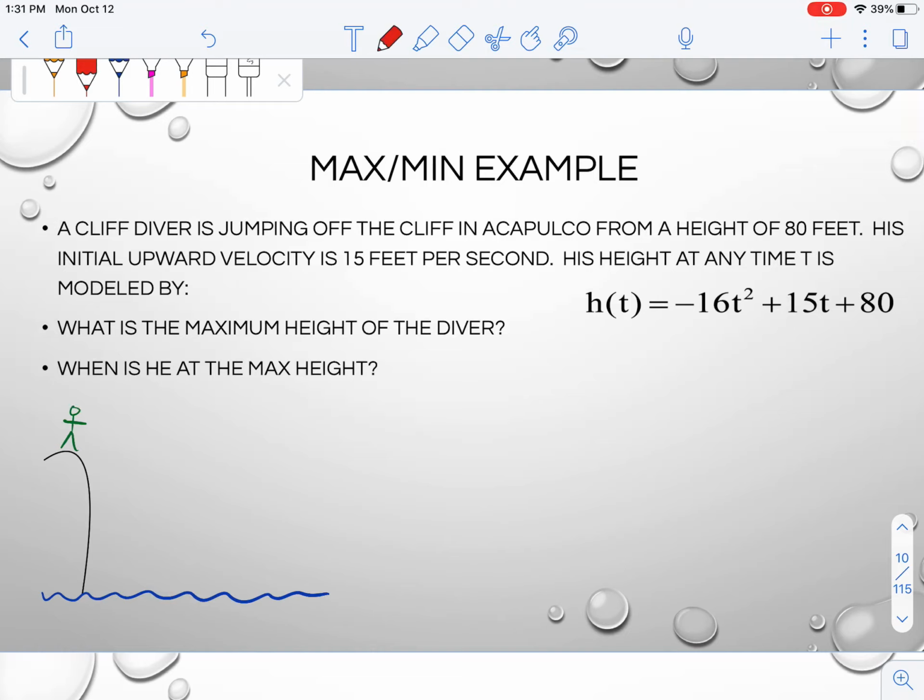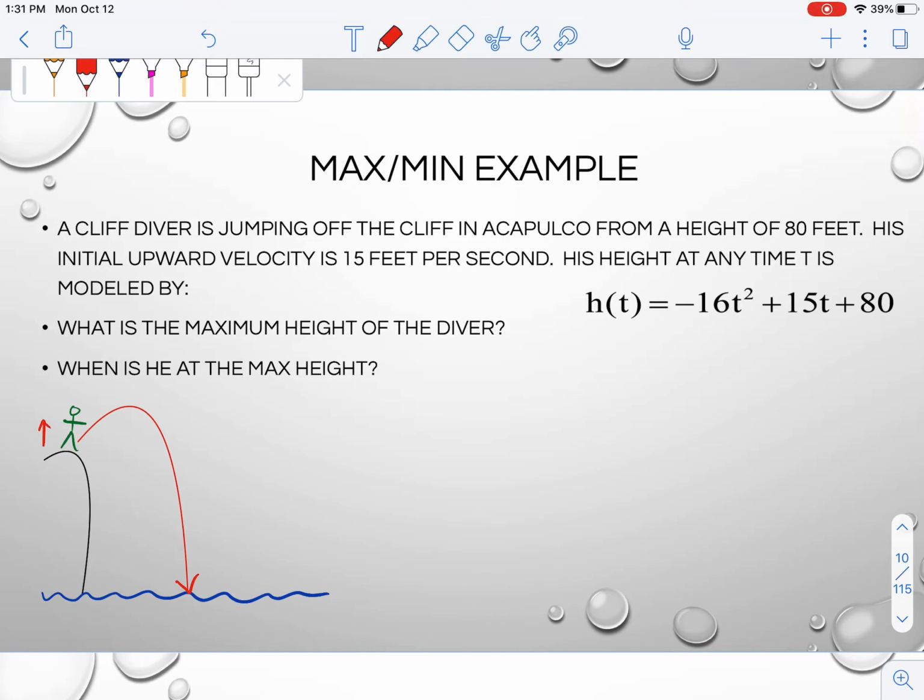He's going to jump up at some initial velocity and down into the water here. Again, we're looking at the actual vertical velocity of this particular jump.